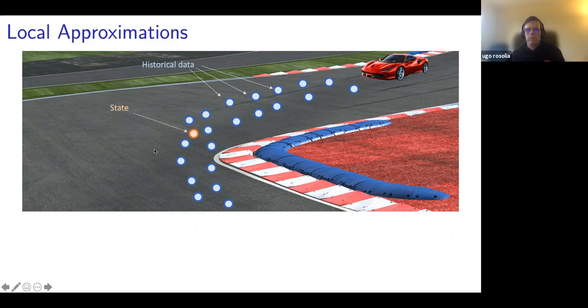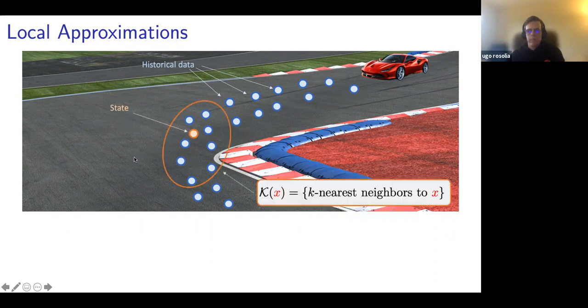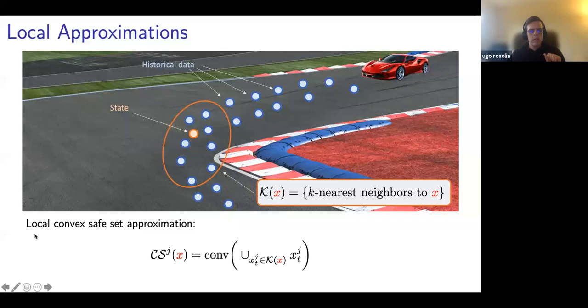Given a state, we computed the k nearest neighbors to that state, and we performed a local approximation to our safe set, which we called the local convex safe set. So the terminal constraint set is going to be computed in a neighborhood of a state.